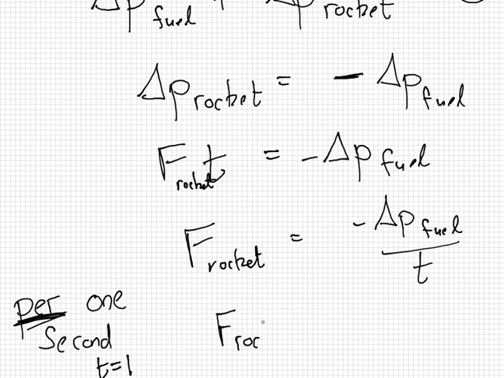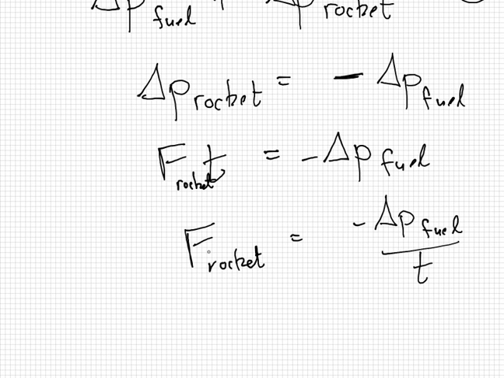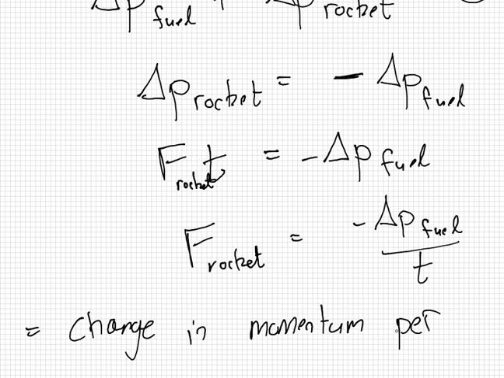F rocket. Now look, I don't even have to write the per second, I'll just write in words. Please look very carefully. This is the change in momentum per time. Now, what does that equal?